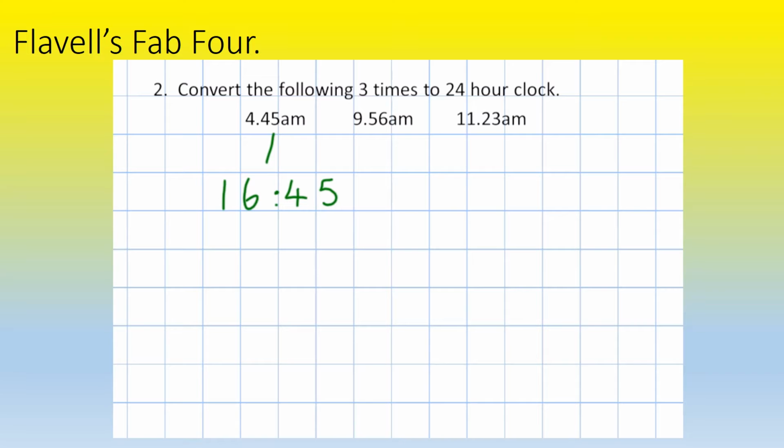Add 12 to 9, you would end up with 21:56. And our other one, if you add 12 to 11, you will end up with 23:23. Okay, and those will be your 24-hour times.